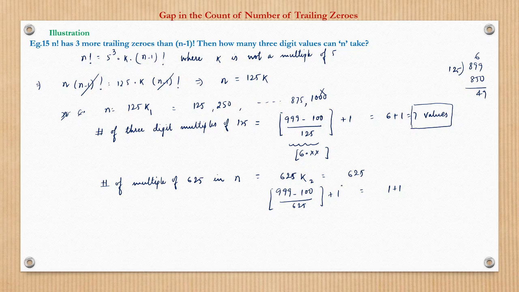The other number would be more than 1,000. So that is a four digit number. So this is one only. I mean, it will not be two.